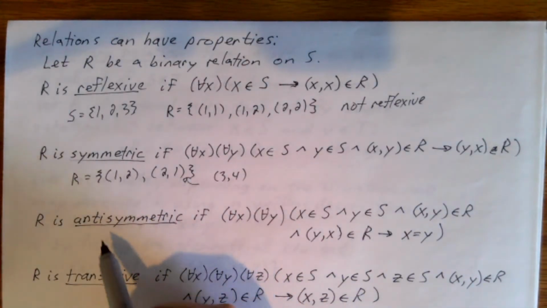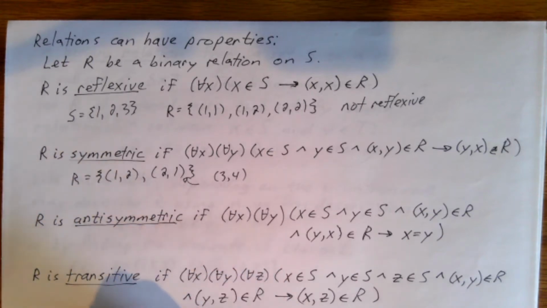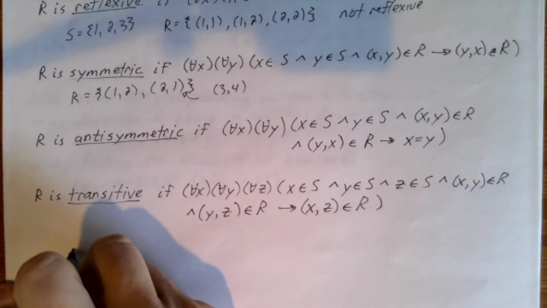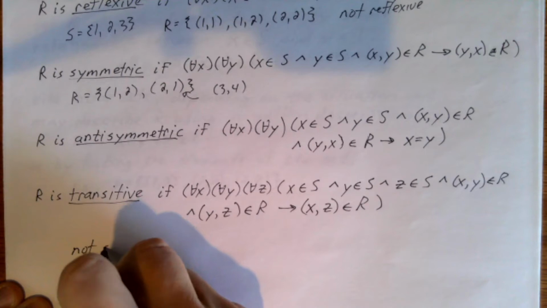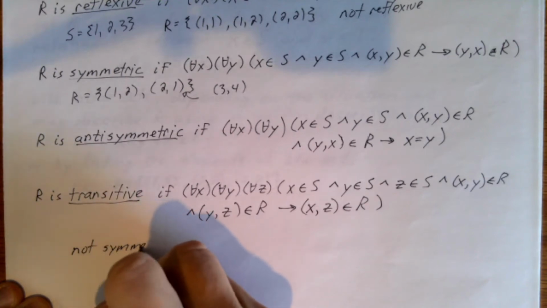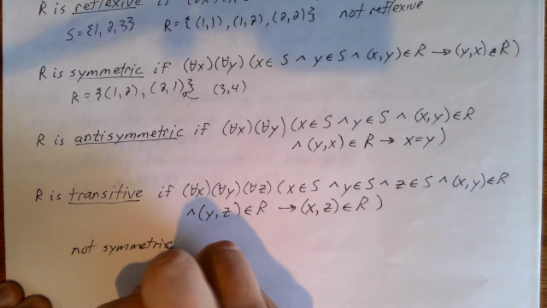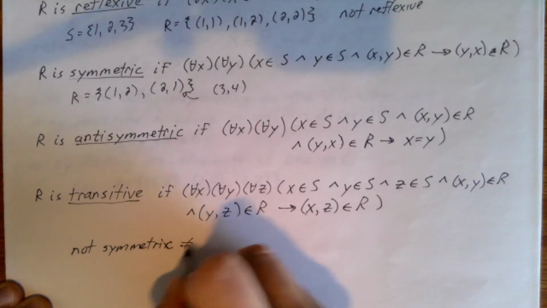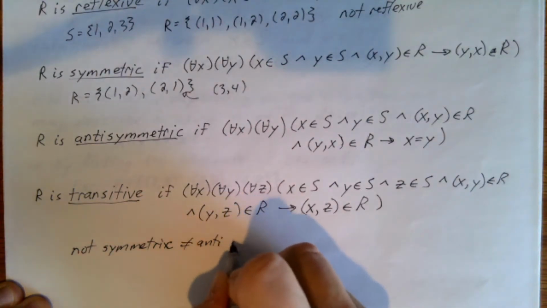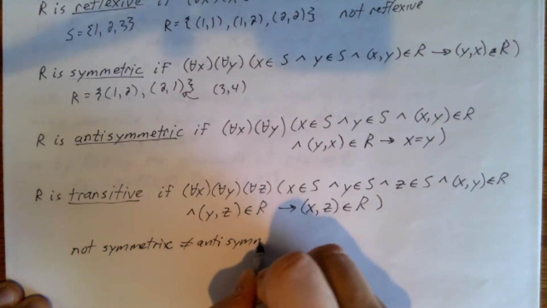Another property is to be anti-symmetric. And note that not symmetric does not equal anti-symmetric. They're not quite the same thing.